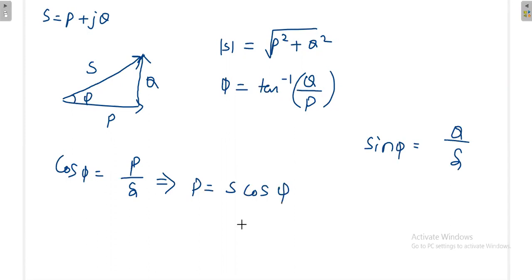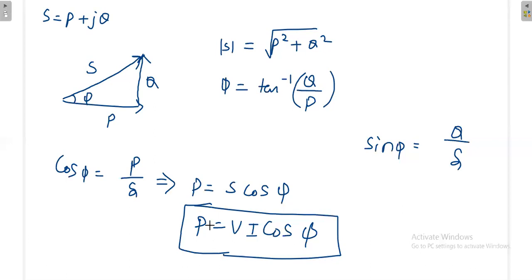S is simply the product of voltage and current, and again cos phi. So again that formula is getting repeated.